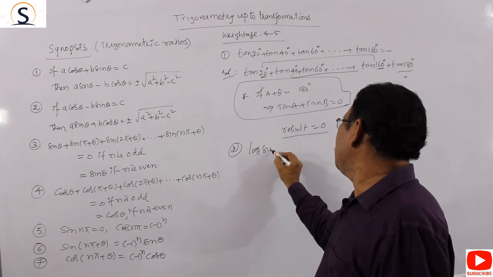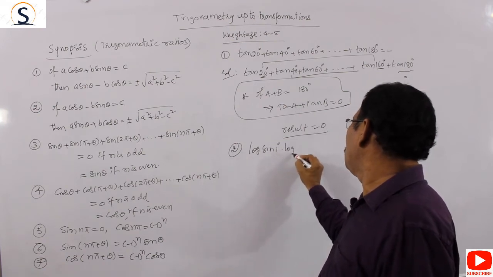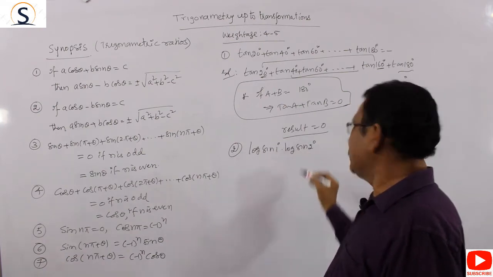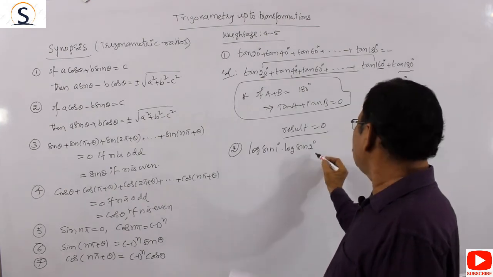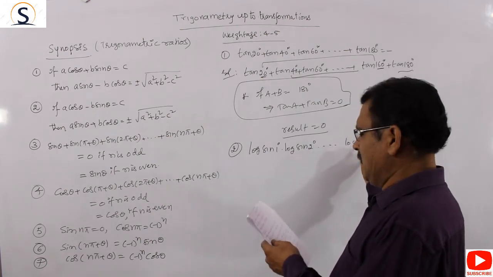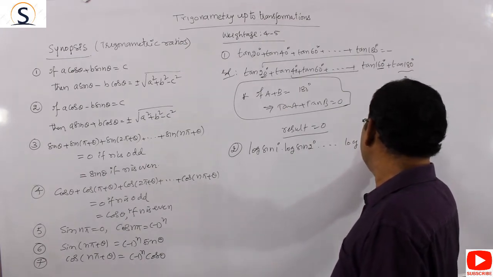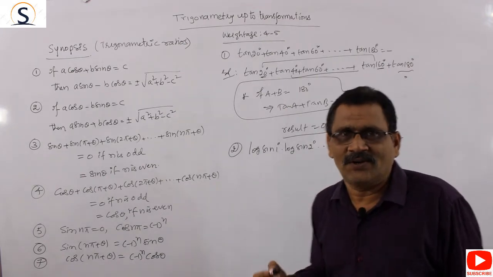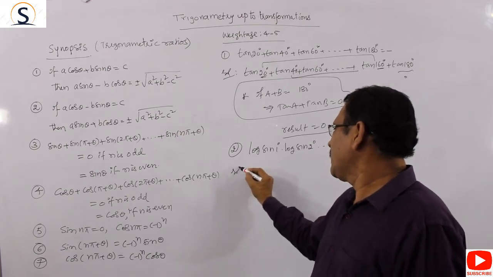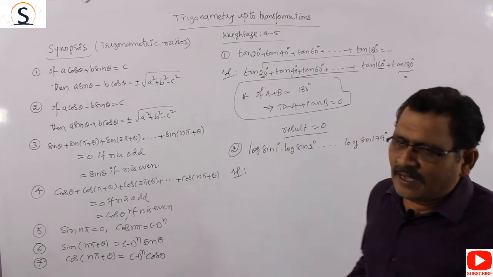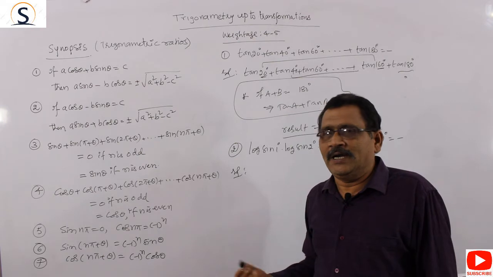Log sin 1 degree into log sin 2 degree and so on up to log sin 179 degree, the value is dash. Here logarithm is there, log m into log n into log p and so on.